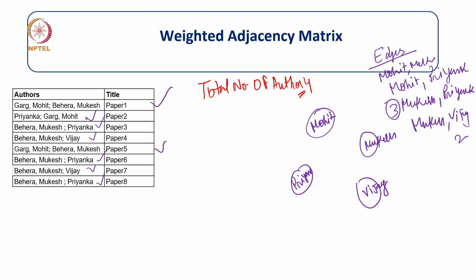Mohit and Priyanka, 1. And Mukesh and Mohit, 2. So total we have 8 publications: 2 plus 1 is 3, 3 plus 3 is 6, and 8.